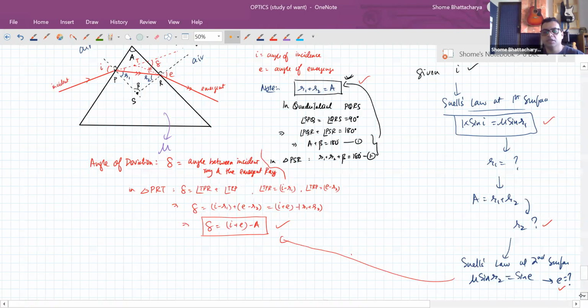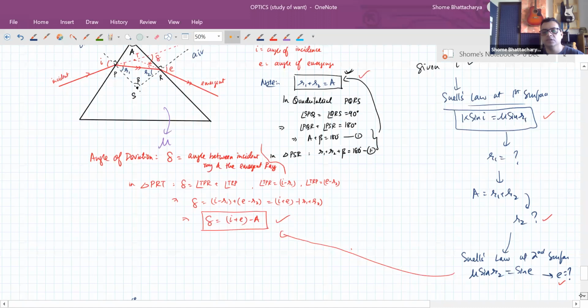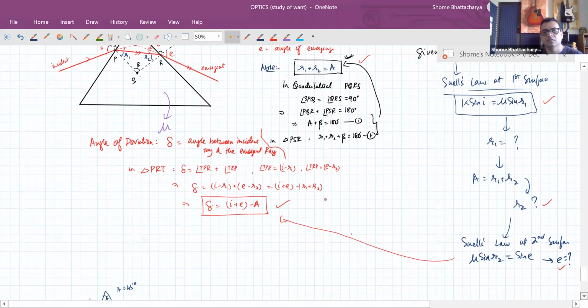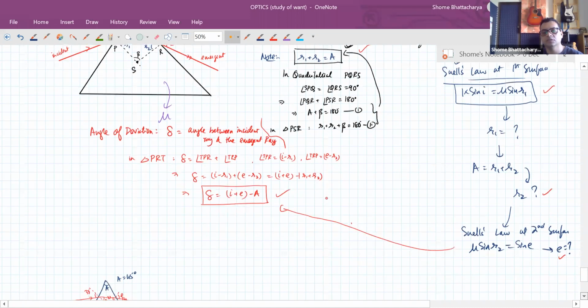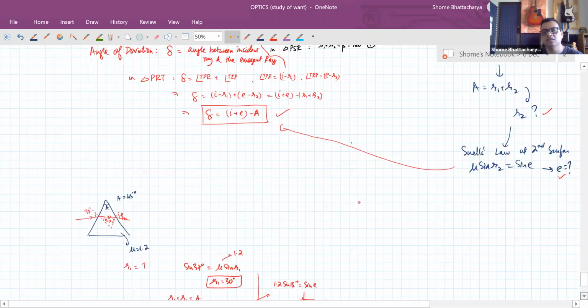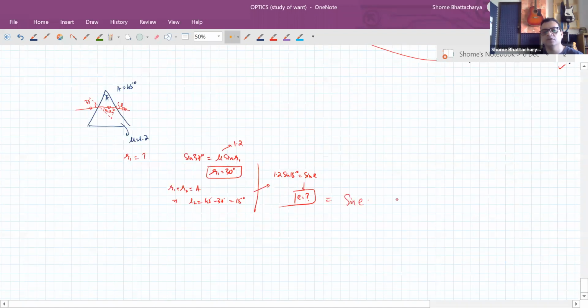Okay, so again, in this problem, if we were calculating the angle of deviation, we would get the angle of emergence from this. We would have got sine E as 1.2 into sine 15. If you just use a scientific calculator to find sine 15, it's about 0.25 or 0.26 actually.